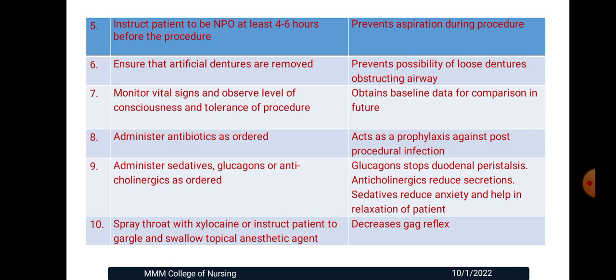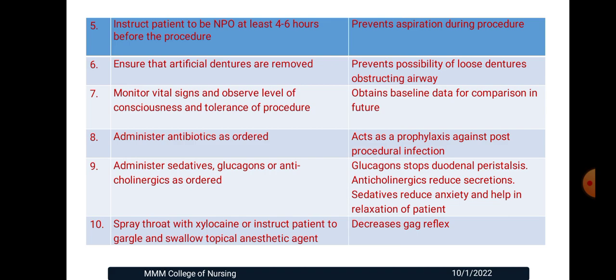Instruct the patient to be NPO at least 4 to 6 hours before the procedure to prevent aspiration during the procedure, and ensure that artificial dentures are removed. It will prevent the possibility of loose dentures obstructing the airway.